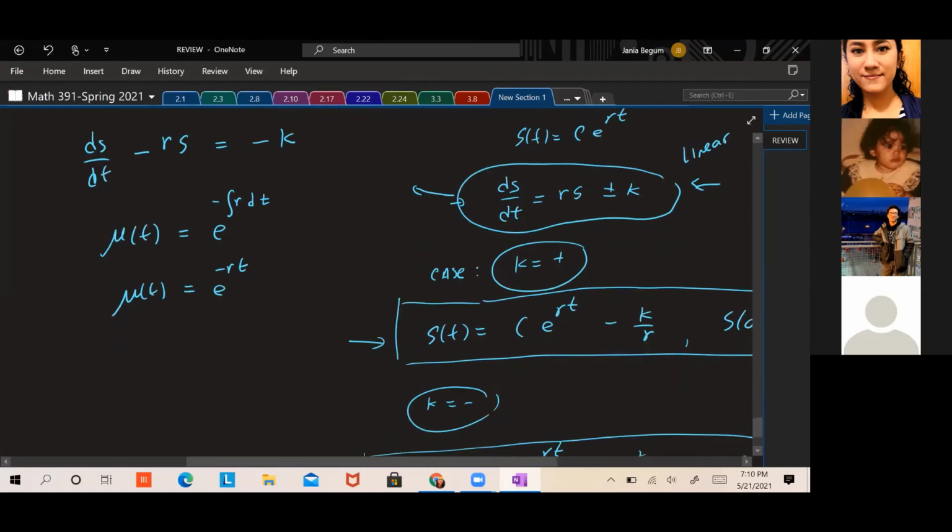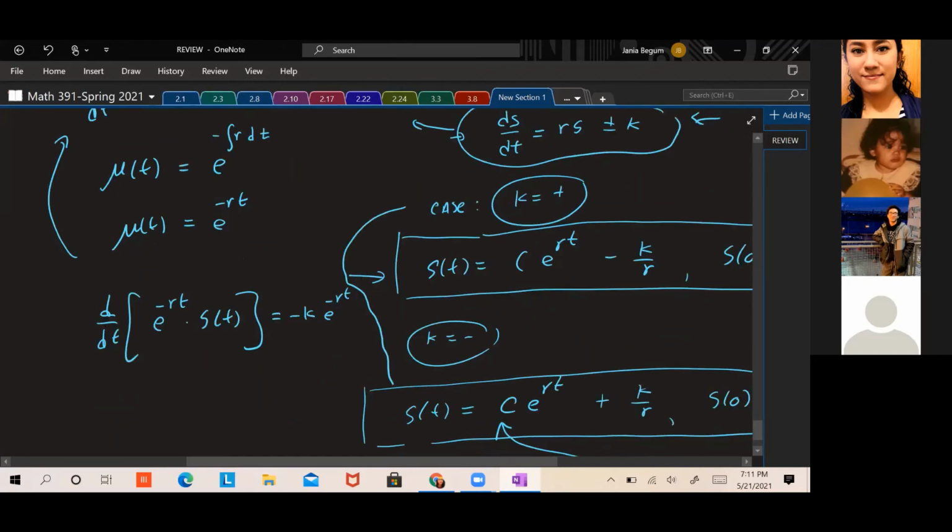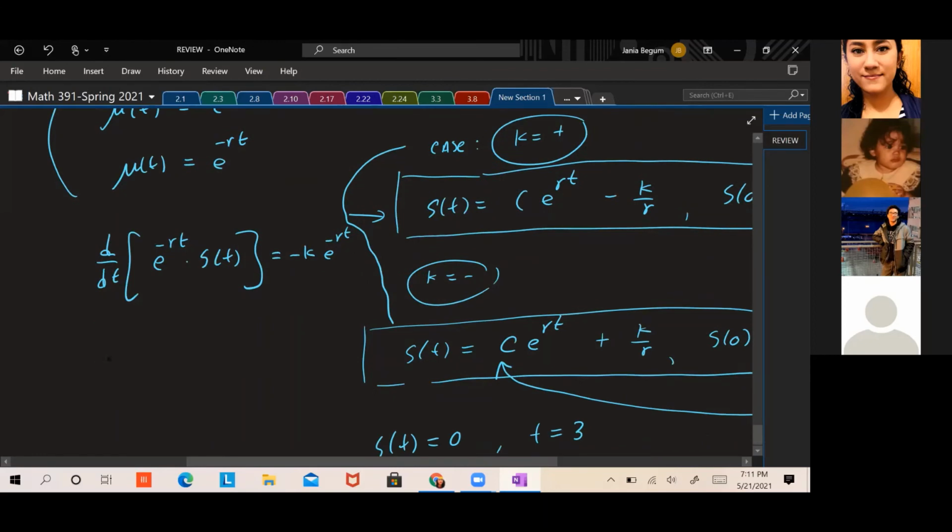And then if I multiply that with my differential equation, I have the derivative of e to the negative rt times s of t is equal to negative k e to the negative rt. So on the left side we integrate, right? And then you have e to the negative rt s of t is equal to, if I integrate the right-hand side, what do I have?